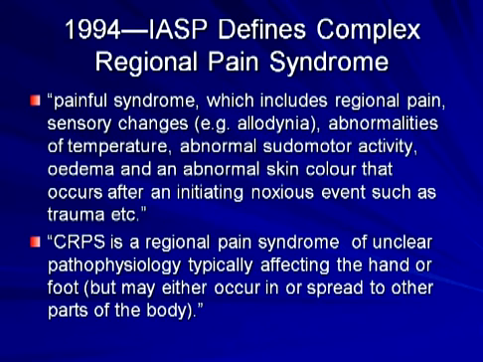It's a regional syndrome of unclear pathophysiology, affecting usually an extremity, hand or foot, but it could occur in any other part of the body. So this was the new definition applied to what was termed reflex sympathetic dystrophy in the past.